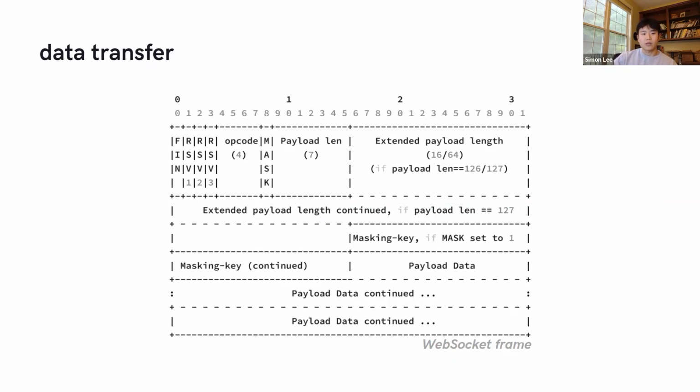We won't get too into the weeds of what each bit in the frame represents, but there are different kinds of frames that I'll outline. There are text frames, which contain text data, binary frames, which contain binary data, ping and pong frames, which are used to check the WebSocket connection, and close frames, which do what they sound like, they close the connection. There are also other service frames, but I also won't go into those in this talk.